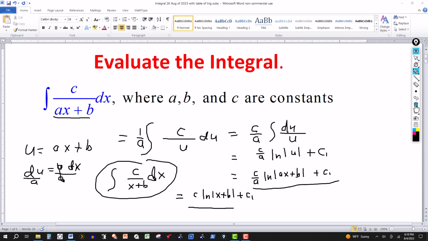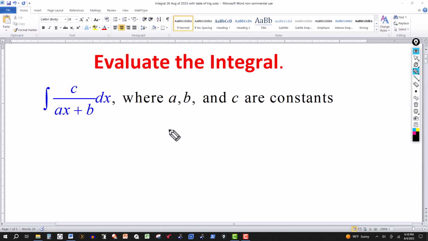So just to give some examples of this, let's put numbers in there. Let's suppose we have 3 over x plus 7 dx.